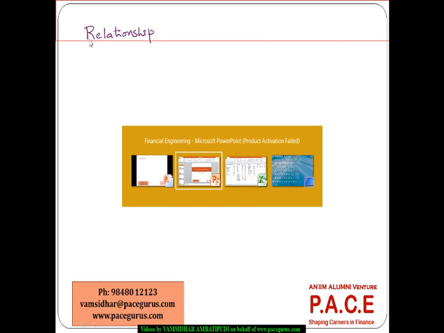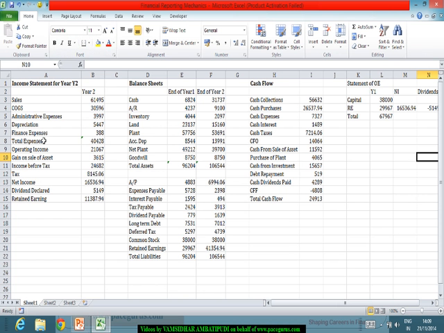Now we can look at a few important relationships that exist between the various financial statements, how the linkage between them happens. For that, I would take up the financial statements of one single company, starting with the income statement for the year.